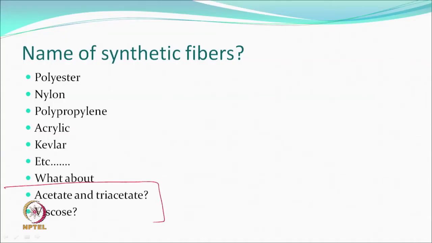We just talked. Viscose is a regenerated fiber where cellulose as a base is dissolved in one way or the other and then spun into a fiber. That is the kind of process which is called regeneration. So these two groups do not come in the category of synthetic fibers.